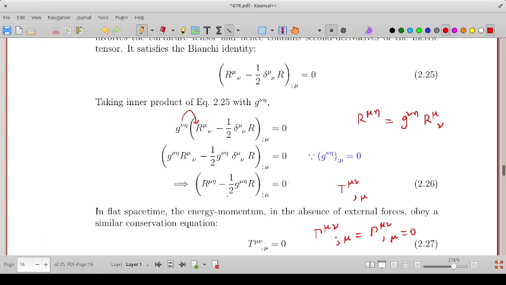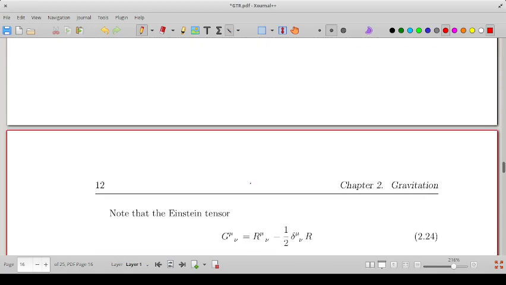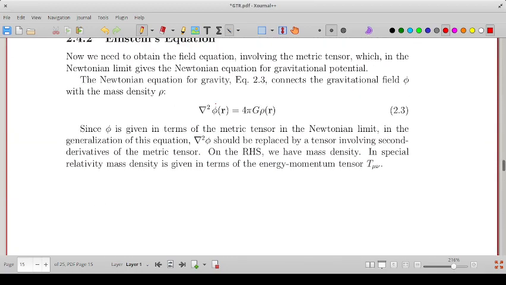Now, the quantity on the left-hand side involves the Ricci tensor and Ricci scalar, which involve second derivatives of the metric tensor, and therefore are apt to be replaced by the left-hand side of this equation in the proper Newtonian limit.